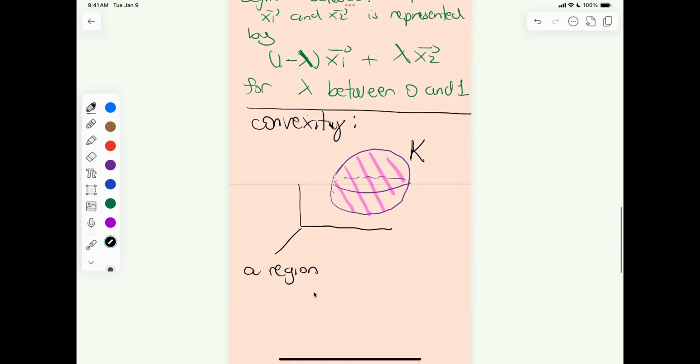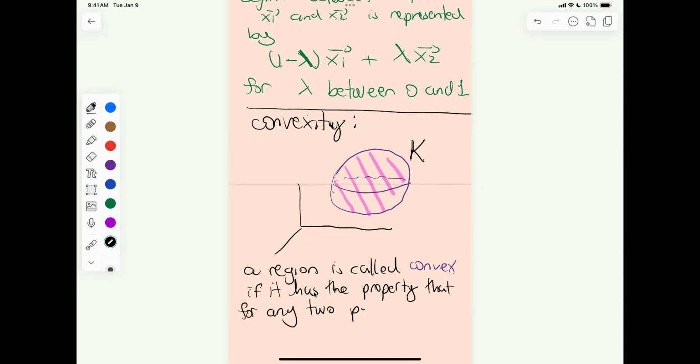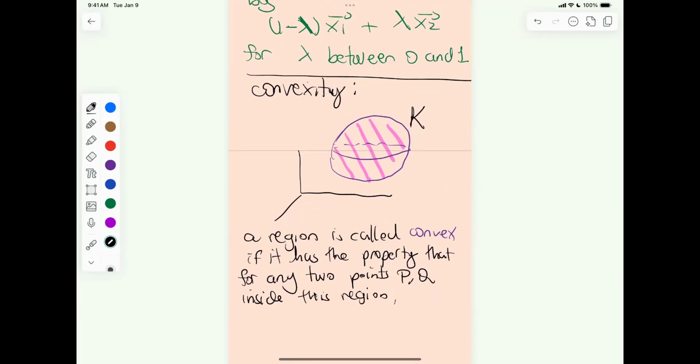So a region is called convex if it has the property that for any 2 points inside this region, let's call the points P and Q, the line segment between those 2 points is entirely contained inside the region.